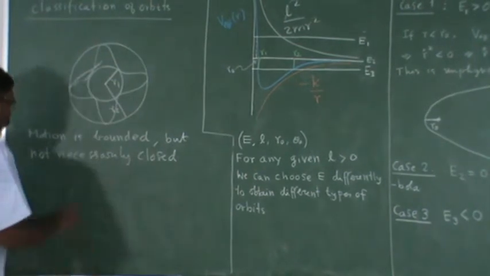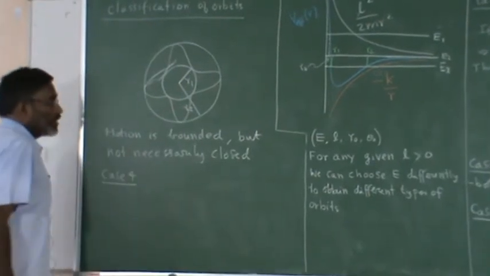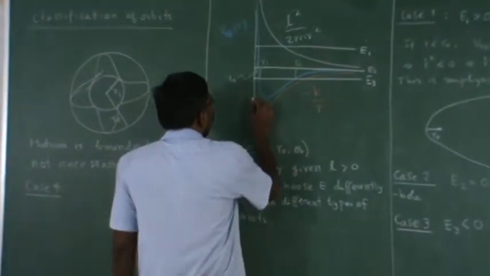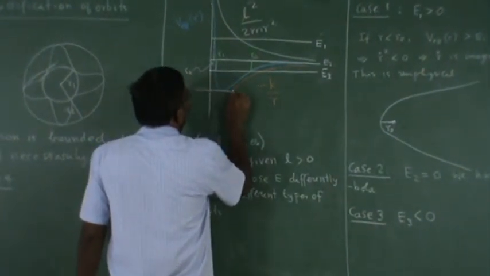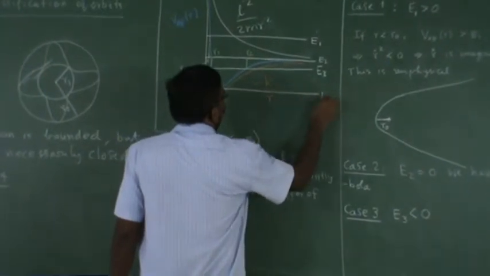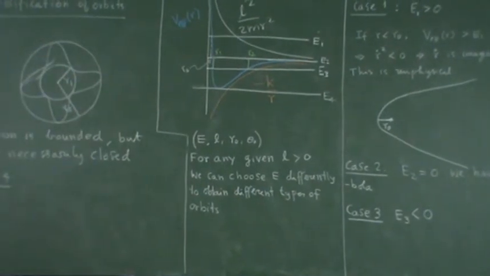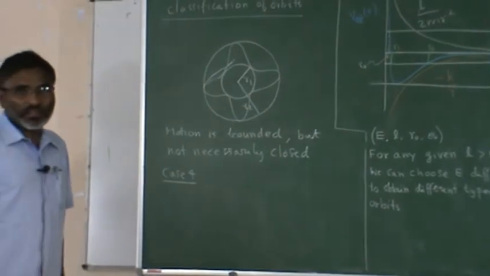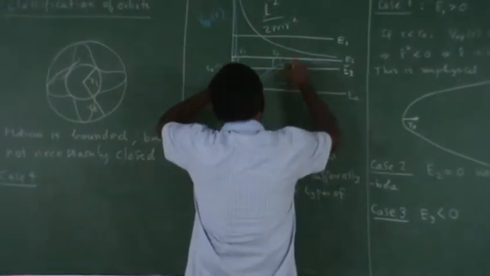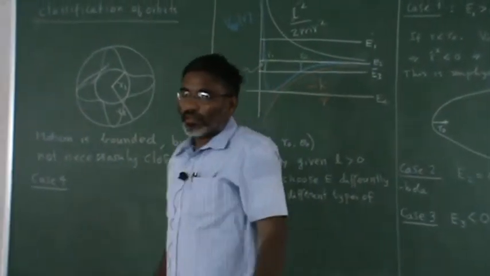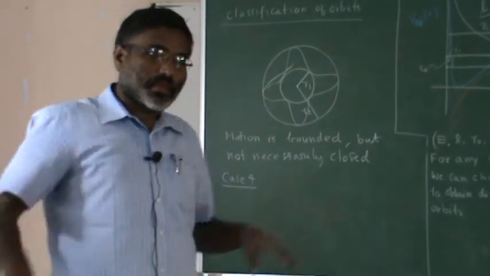Now, in the fourth case, let me call an energy E4 which is equal to the minimum of this effective potential. What happens in that case? The lower bound and upper bound will coincide. So the dynamics will be confined to a circle. Correct?